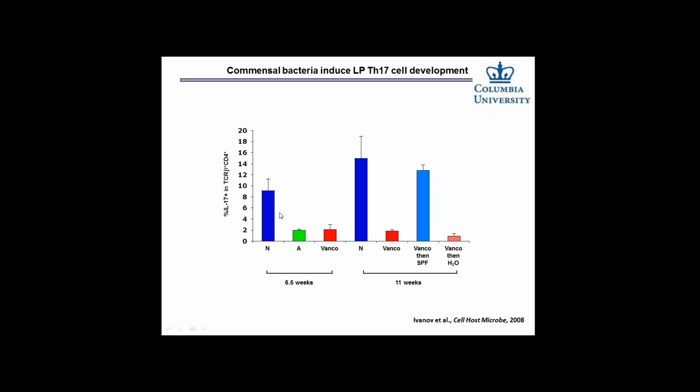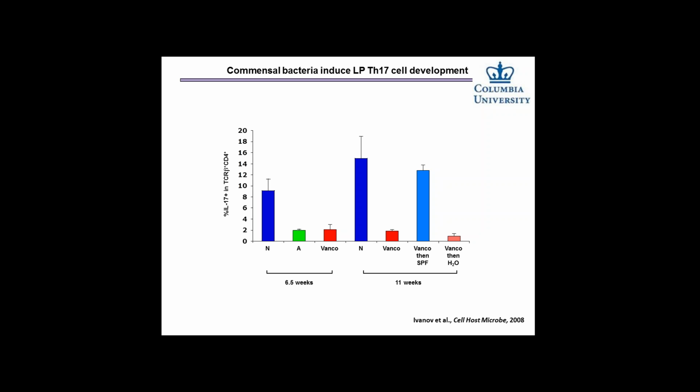As you can see, at steady state, with no treatment, there is a certain percentage of Th17 cells in the lamina propria. If mice are treated from birth, and we can talk about why from birth, with the antibiotics, which prevents the expansion of gut bacteria and brings the numbers of gut bacteria down considerably, that prevents the generation of Th17 cells.